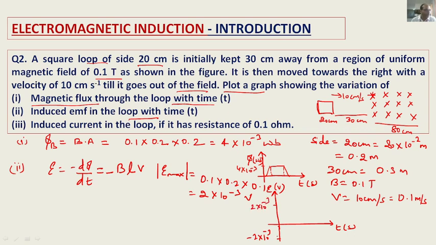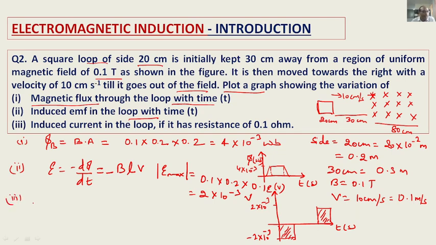Initially it will vary with the minus, and then when it is entering the field and when it is going out also, it can be plotted like this.